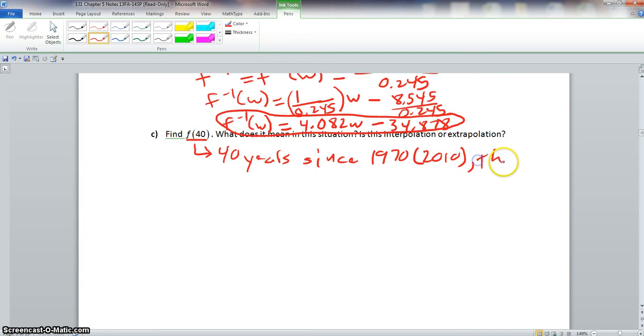And then there were, we don't know how many yet because we haven't substituted in the value yet, single woman households.